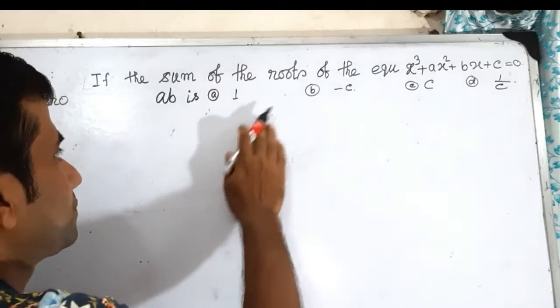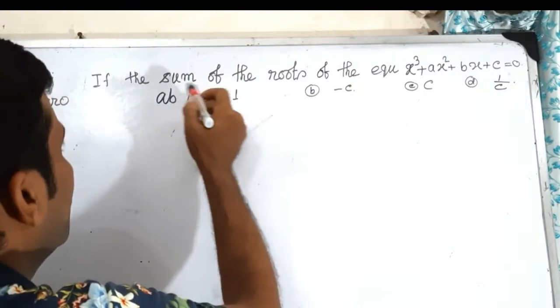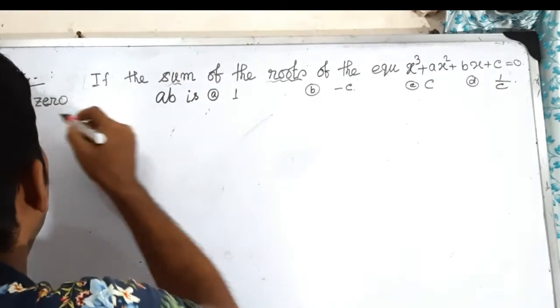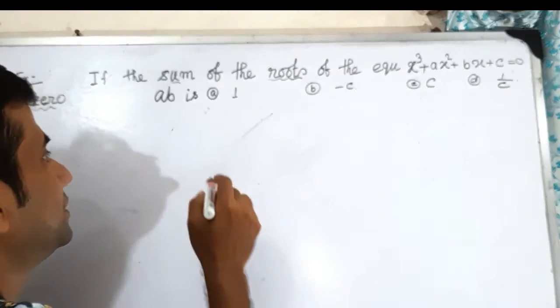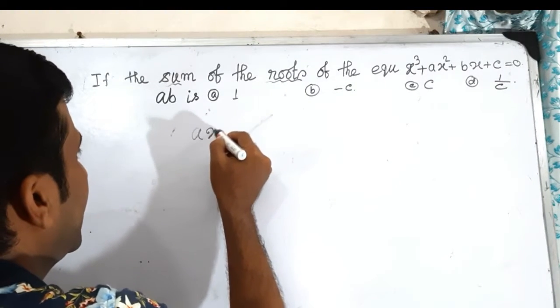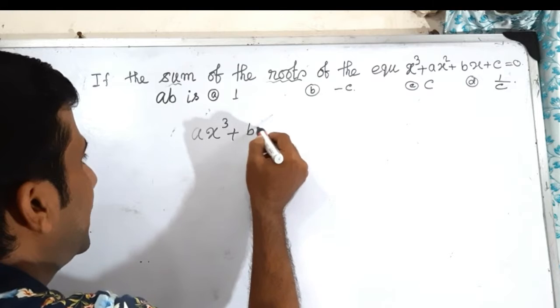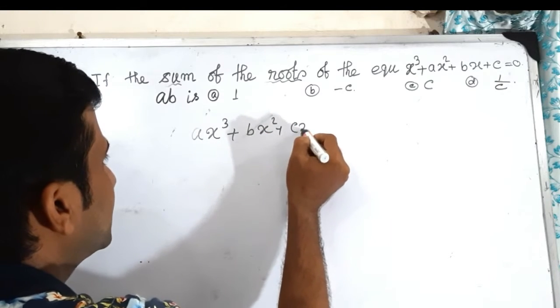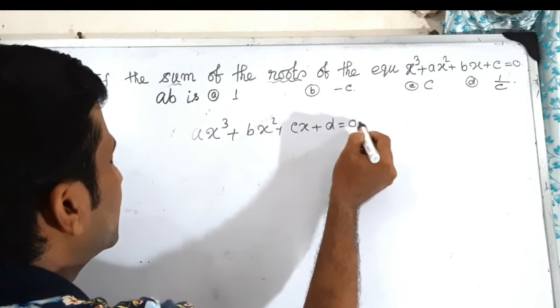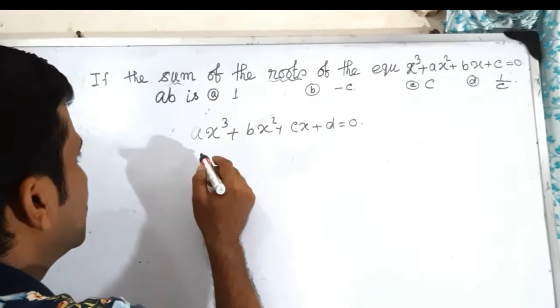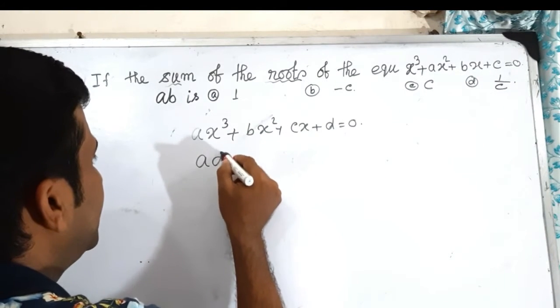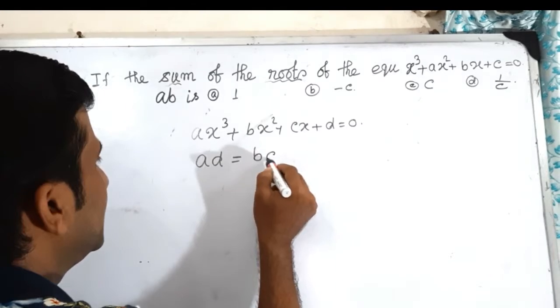We know that if the sum of the roots is 0, that means for ax cube plus bx square plus cx plus d is equal to 0, the condition is AD is equal to BC.